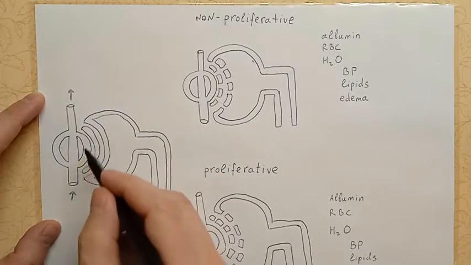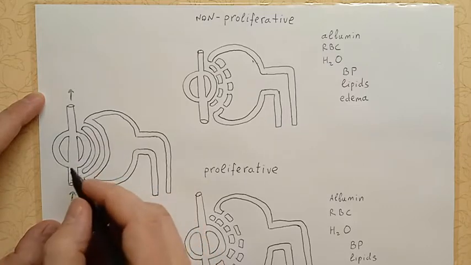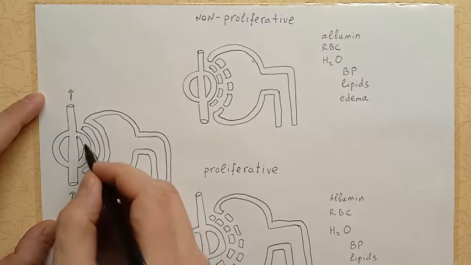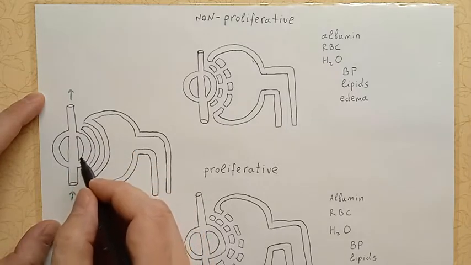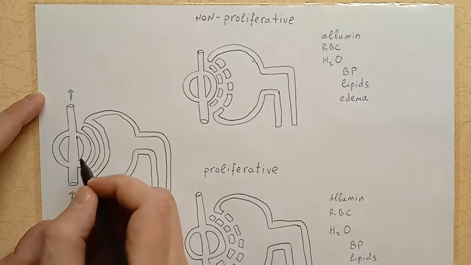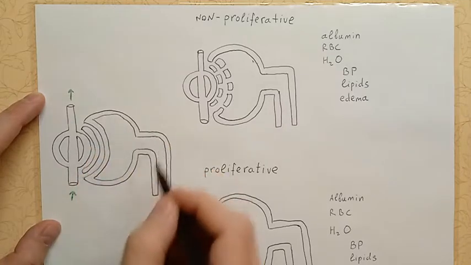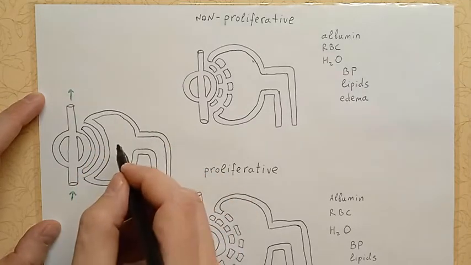This is the area of filtration, where the liquid part of the blood and substances, due to high blood pressure, are filtrated to the Bowman capsule, to this space.